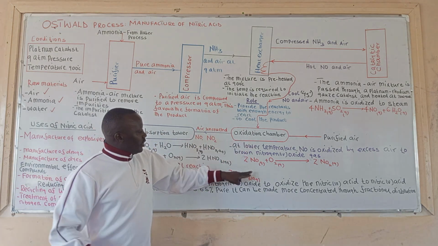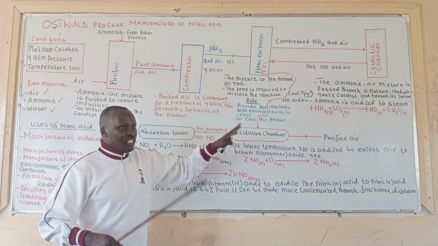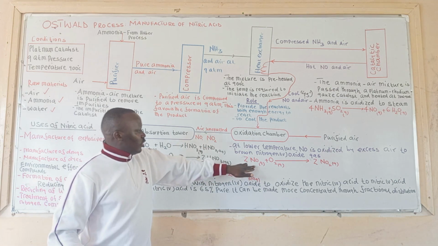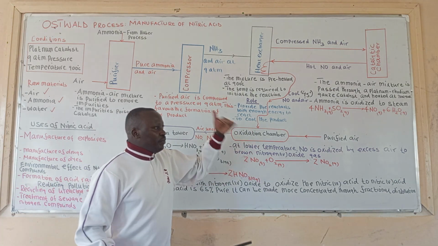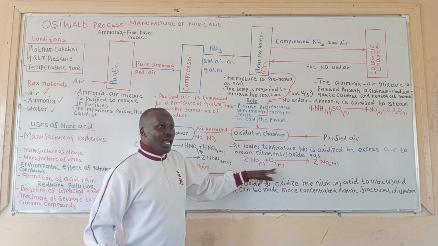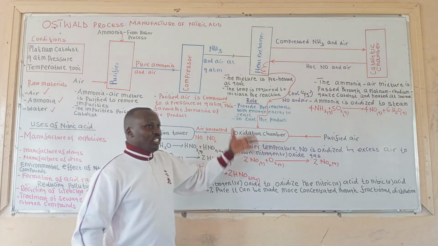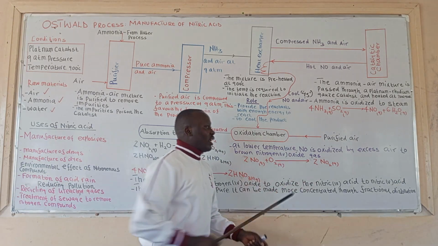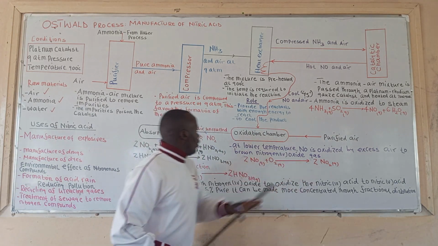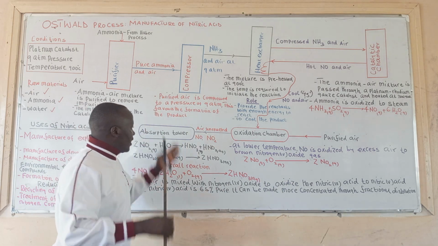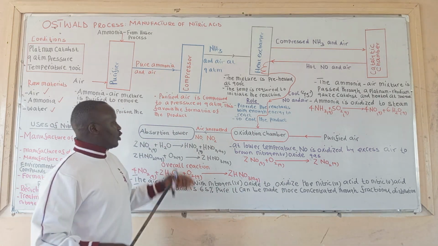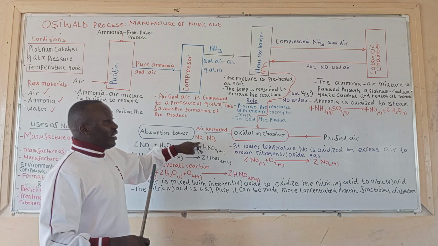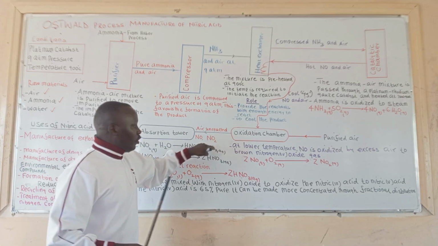So this is the reaction that takes place in the oxidation chamber. Nitrogen 1 oxide is oxidized by excess air, purified air, to nitrogen 4 oxide gas. So we have unreacted air, nitrogen 1 oxide and nitrogen 4 oxide.